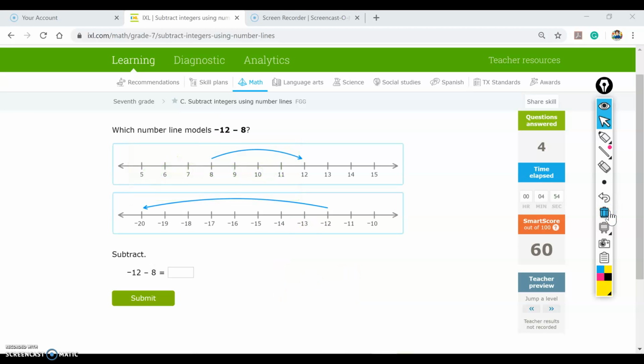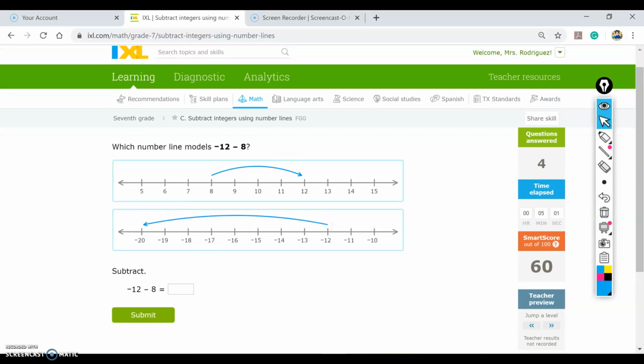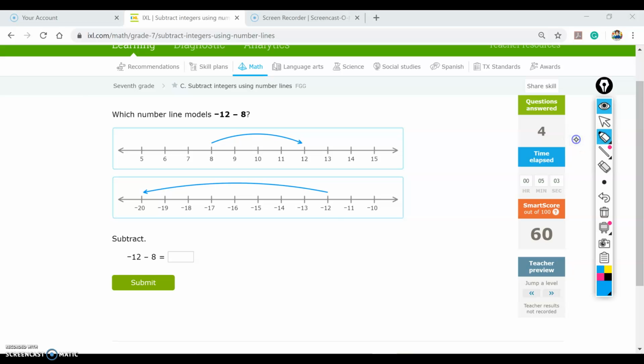Okay, let's try this one here. I will start at -12 according to my problem, which is right here. The first one doesn't even have a negative 12, so the first one is automatically not correct. Now, why is the second one correct? I have a negative 12, and then you have a negative 8.